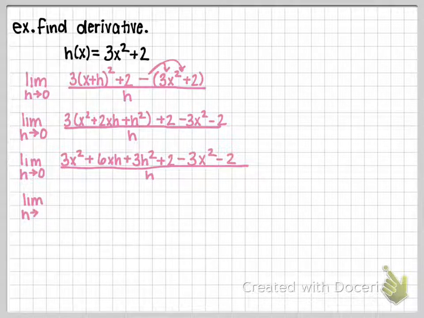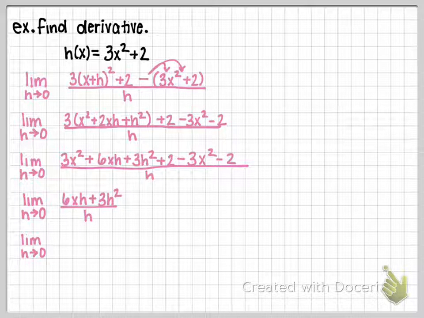So right now I have the limit as h approaches 0. My 3x squared cancels out. I still have my 6xh. I still have my 3h squared. My 2 cancels out. And then I'm still over h. So if we take a look here, I still have an h in both my terms in the numerator.